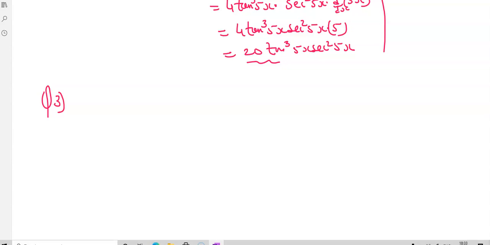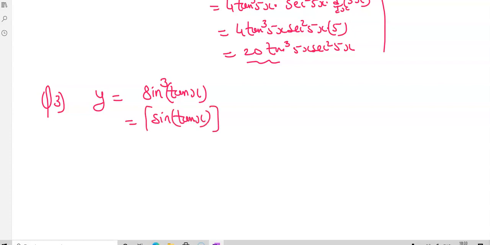We have a question like sine cube tan x. I am directly doing it. It is sine tan x. Instead of angle we have tan x. 3 sine square tan x. Then we have a derivative of tan x.